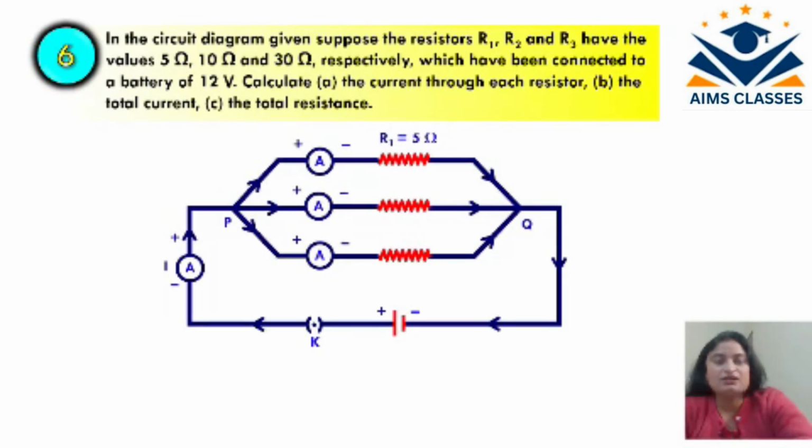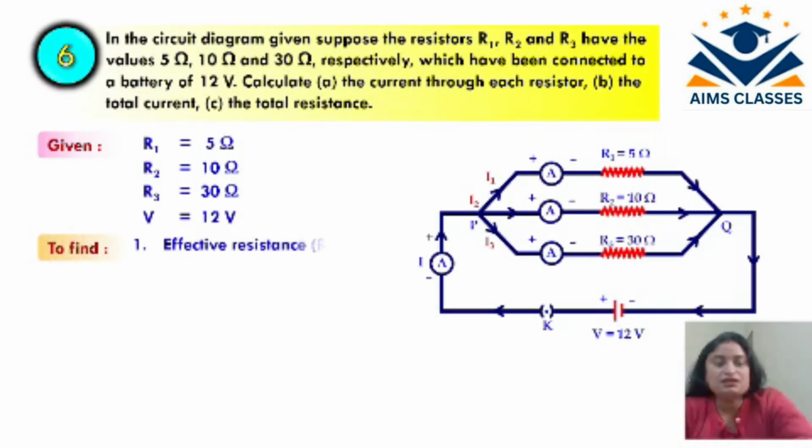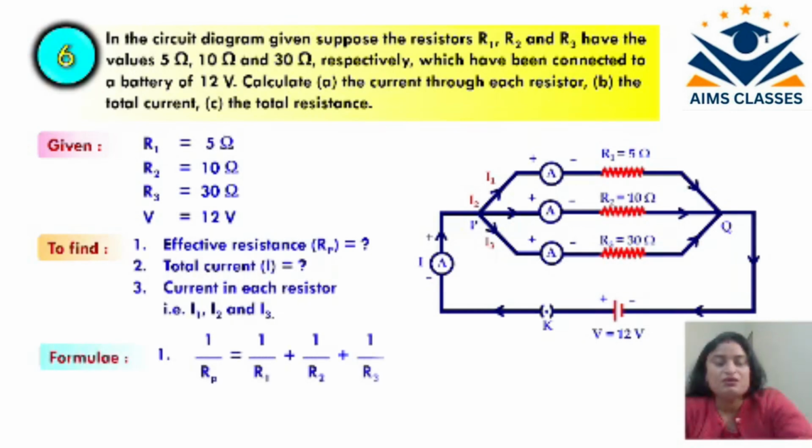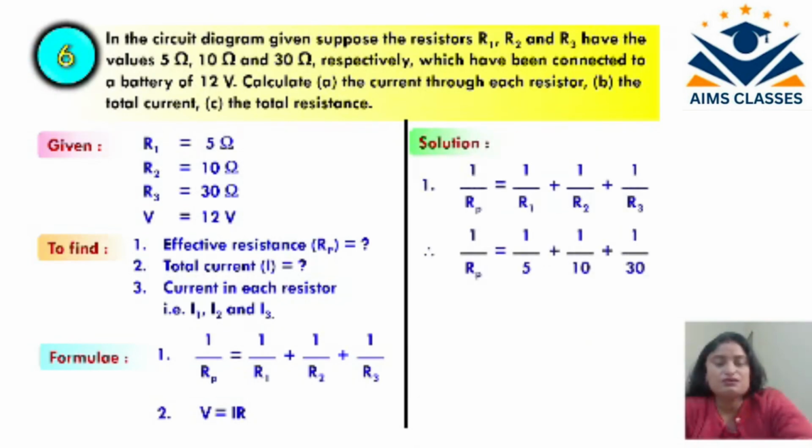Here R1 equal to 5 ohm, R2 equal to 10 ohm and R3 equal to 30 ohm and V equal to 12 volt, and I1, I2 and I3 are the currents through each resistor. So here voltage is 12 volt, and the effective resistance will be 1 by R1, 1 by R2 and 1 by R3. So first of all solve the equation.